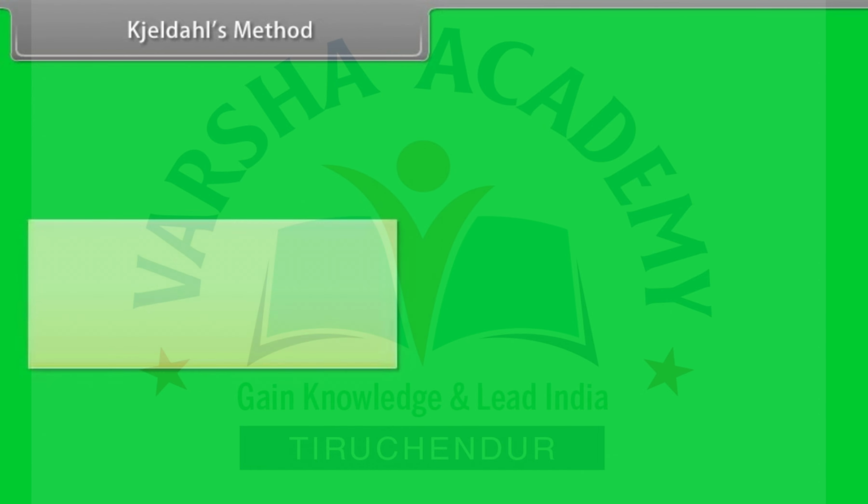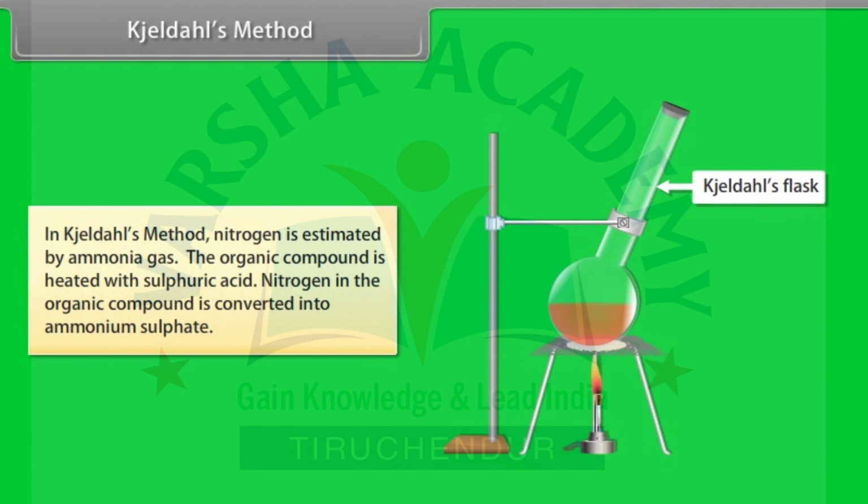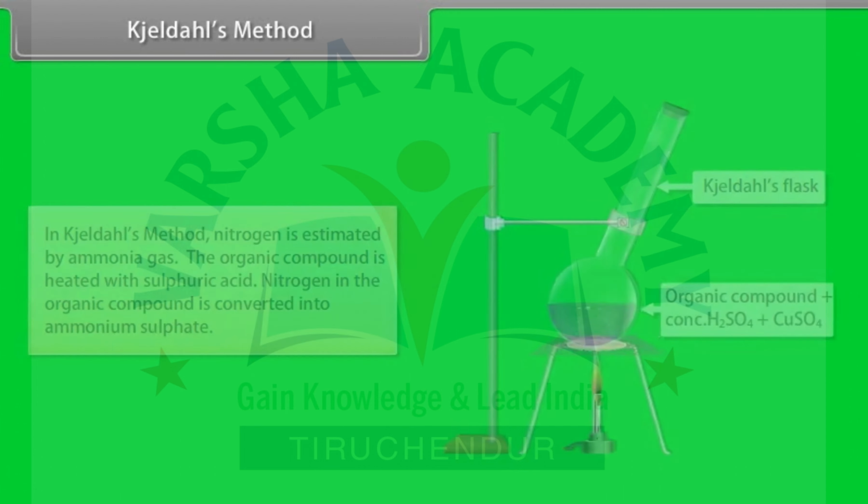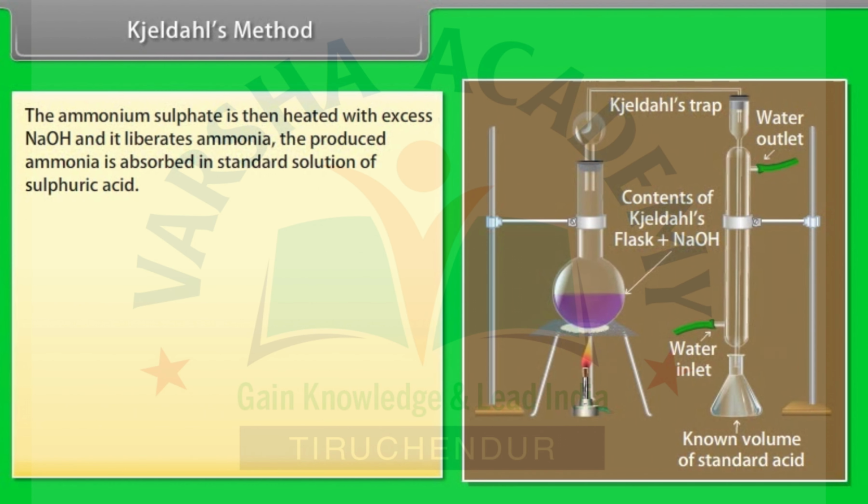Kjeldahl's method. In Kjeldahl's method, nitrogen is estimated as ammonia gas. The organic compound is heated with sulfuric acid. Nitrogen in the organic compound is converted into ammonium sulfate. The ammonium sulfate is then heated with excess NaOH and it liberates ammonia.